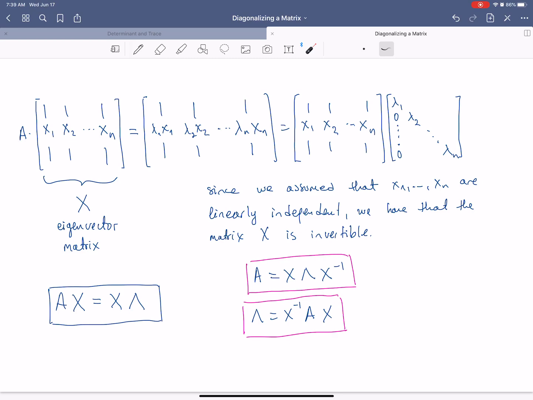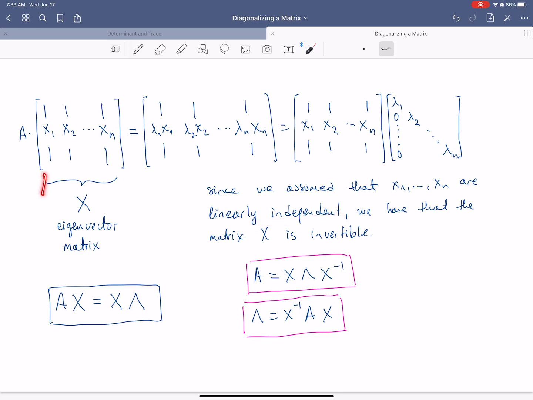We could also use multiples of the eigenvectors, because if x1 is an eigenvector, then so is any non-zero multiple of x1. We could take a zero multiple, that too would be an eigenvector, but then we would lose linear independence. So these vectors are non-zero, otherwise linear independence wouldn't make sense.